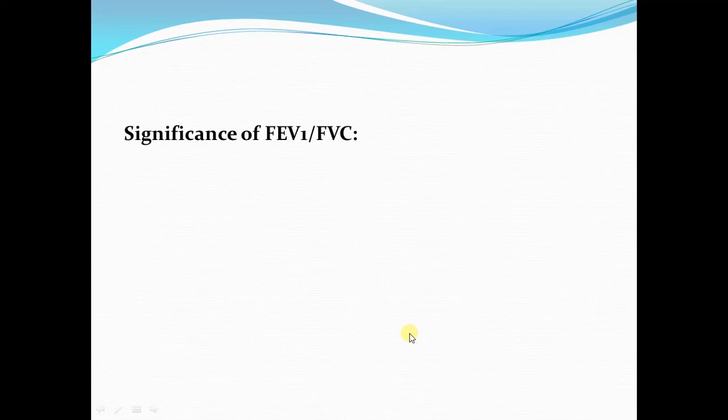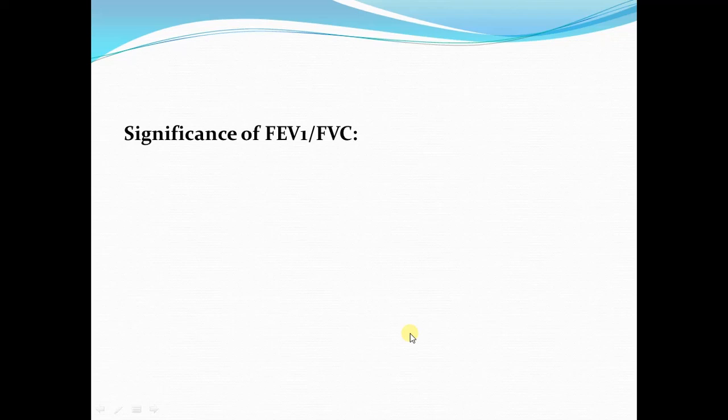Now, what is the significance of measuring FEV1 to FVC percentage or FEV1 to FVC ratio? Now, this ratio helps to differentiate between the obstructive and restrictive lung diseases, the two groups of diseases that we just discussed. In obstructive lung diseases, there is increased airway resistance because of obstruction, which makes the expiration difficult.